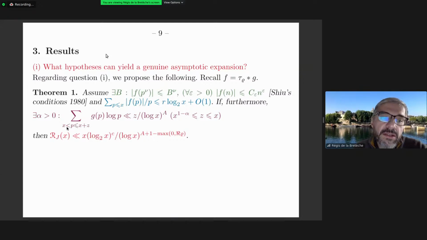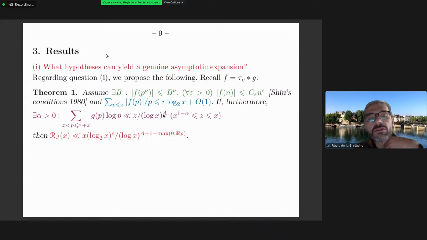We assume that G of P is bounded in a mean average in the small interval. So I mean that the sum between x and x plus z of G of P times log P is bounded by z over log x power A.